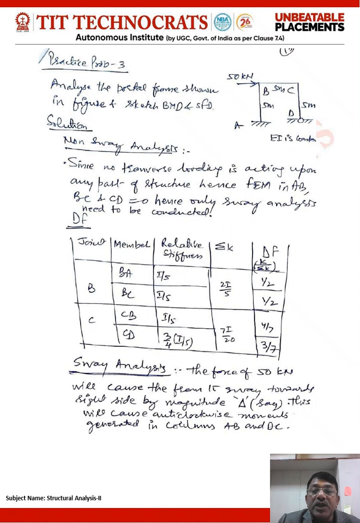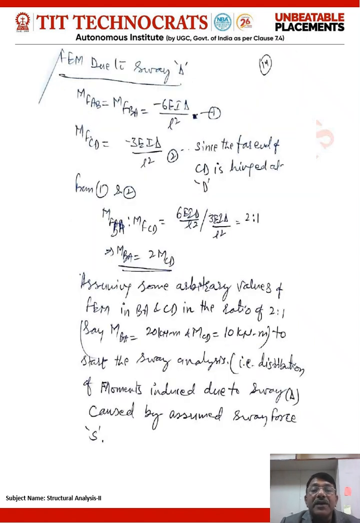After finding the distribution factor, assume some arbitrary value of moment in the columns AB and CD. If the sway is taking place from left to right, then the moment produced in the column would be anti-clockwise in nature, since the base of the column at D is hinged.